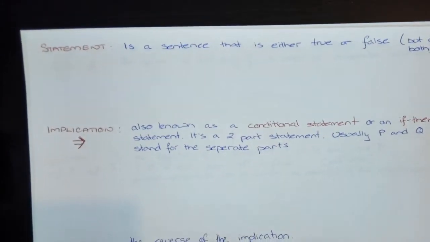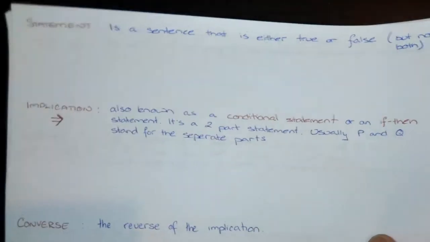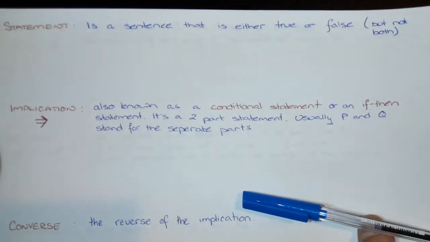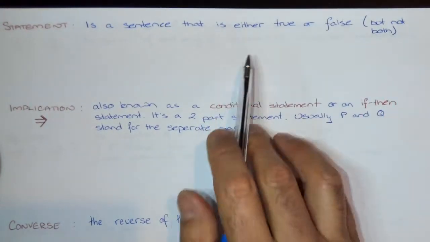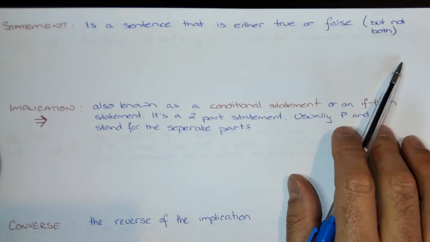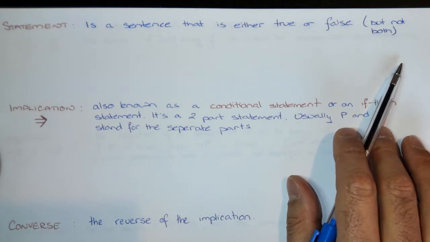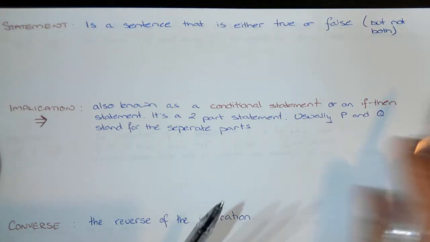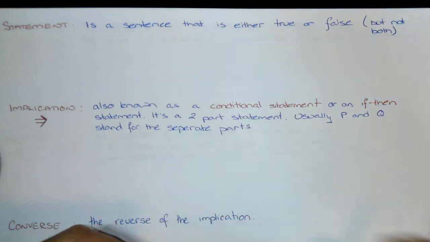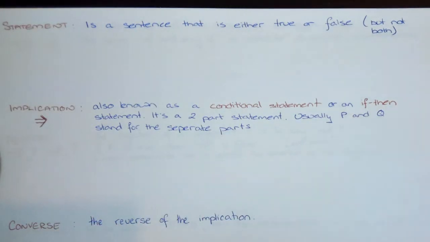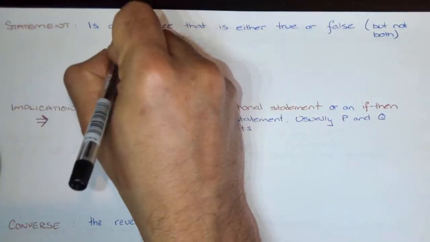So some things that we need to be aware of. A statement is a sentence that is either true or false, but it can't be both. We can't have a statement that is true and false. Usually when we make a mathematical statement, we give it a capital letter.